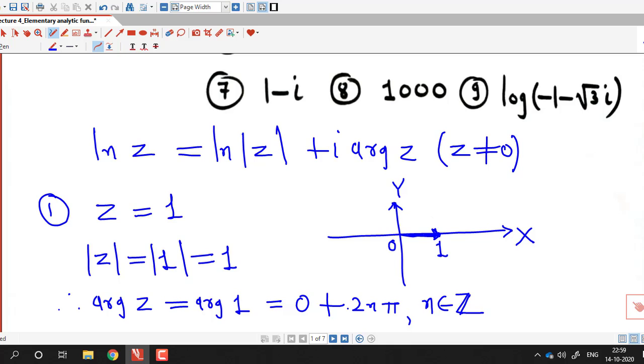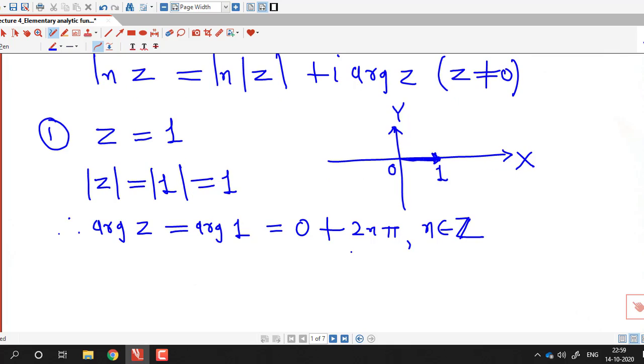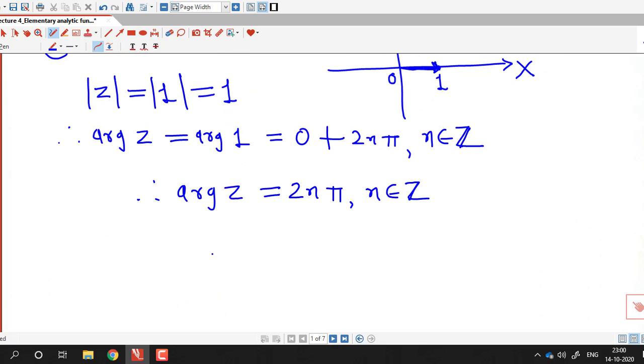To include all possible values of the argument of 1, we are adding 2n pi. So the argument of 1 is nothing but 2n pi, n any integer. Now we have the absolute value of z and the argument of z, so we put them in the definition.